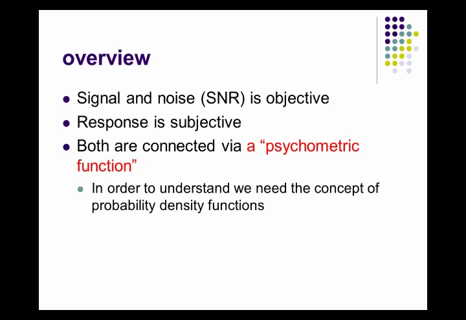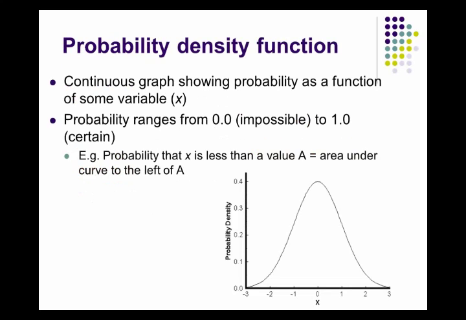But in order to understand this, we need the concept of probability density functions, which some of you might have heard already, called PDFs, but let's explain what they are anyway. A probability density function is a description, a graph most of all, that shows the probability as a function of any variable. So we put any variable x on here, and we've got this usually characteristic bell shape that gives us a probability.